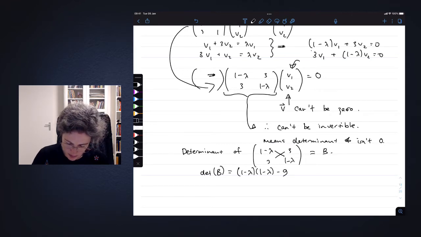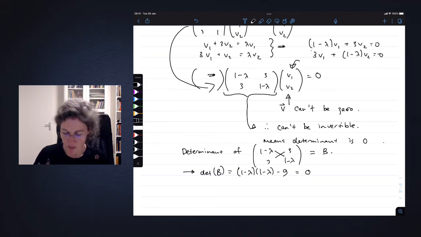We set this equal to 0. Sorry, I said the determinant should be 0, I misspoke earlier. So we calculate our determinant equal to 0, and we're solving for lambda. This is what is called the characteristic equation.